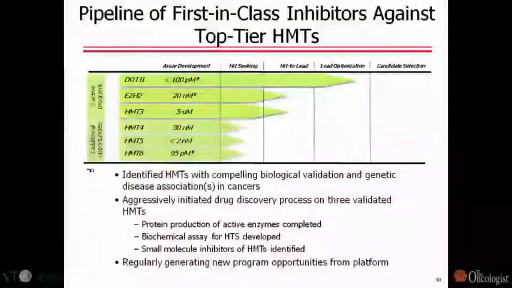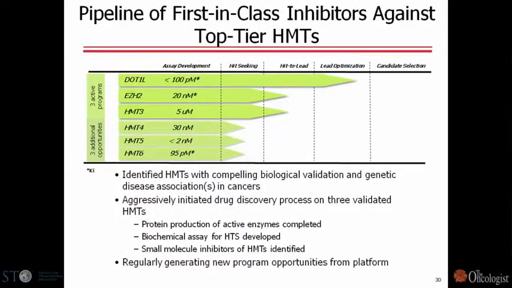It's not the same group of compounds hitting every enzyme. So we believe this will continue to be a very productive way to identify small molecule inhibitors of HMTs, with the ultimate goal, of course, of bringing these into the clinic as a novel modality for cancer treatment.